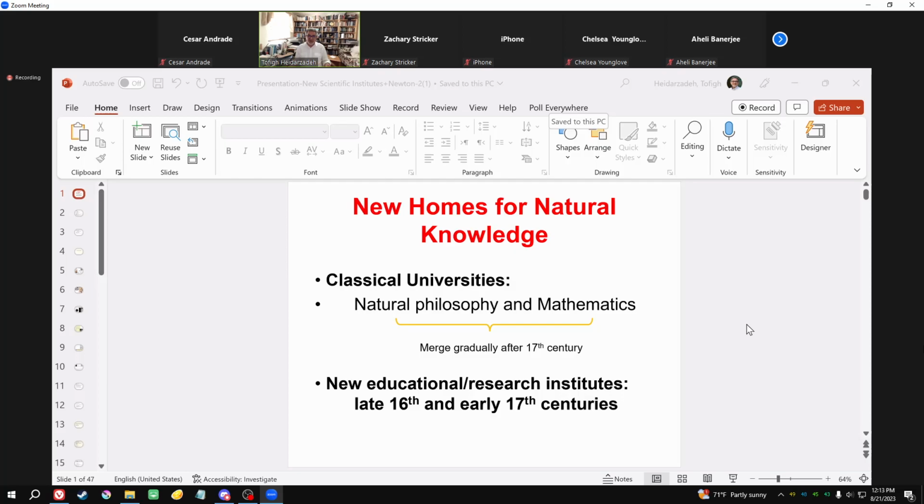They were teaching a little bit of natural philosophy, physics, a little bit of mathematics, but their goal was not to educate people as a PhD in physics or a PhD in mathematics.